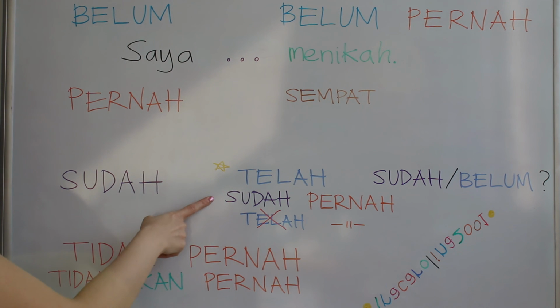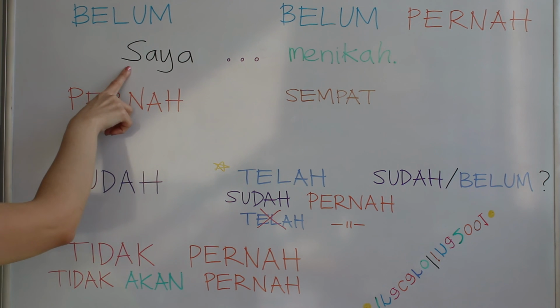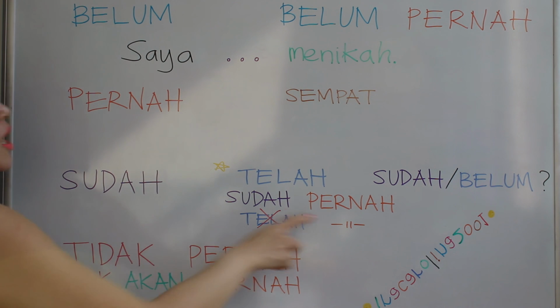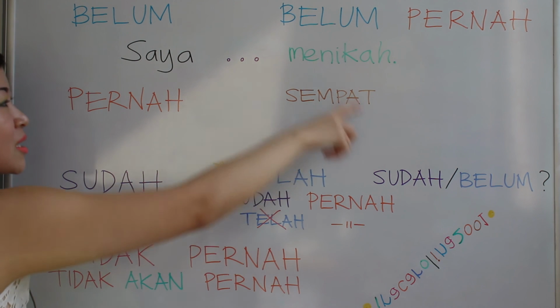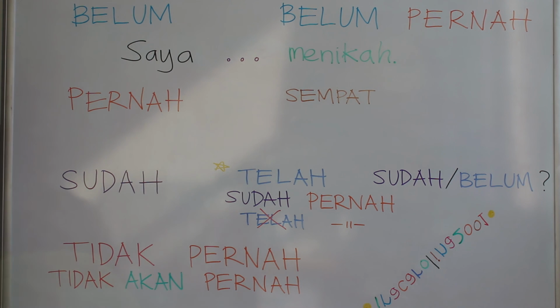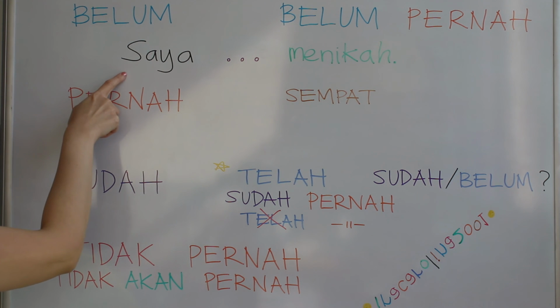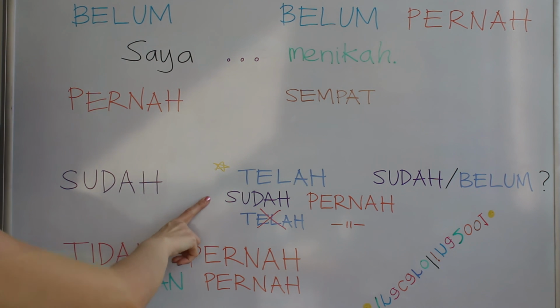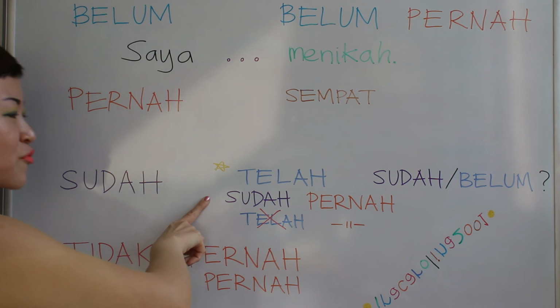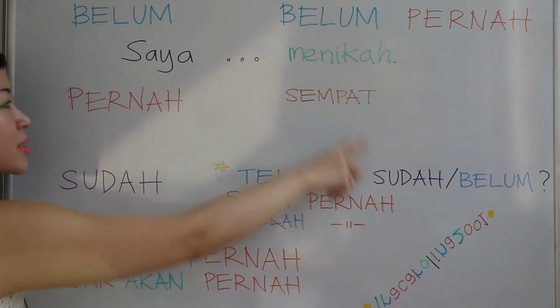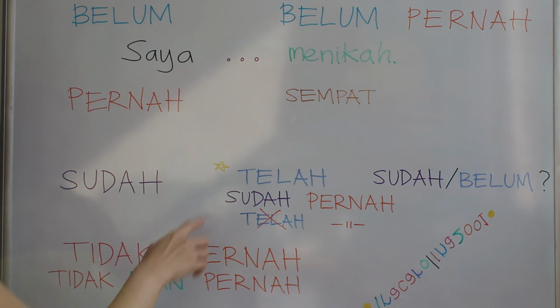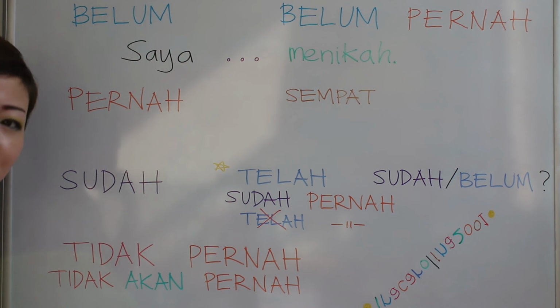If we put this one, saya sudah pernah menikah. I have already, or already have, ever married. Sudah pernah means you have been married before.